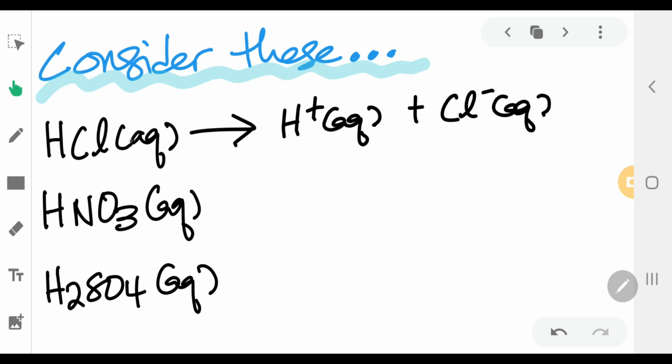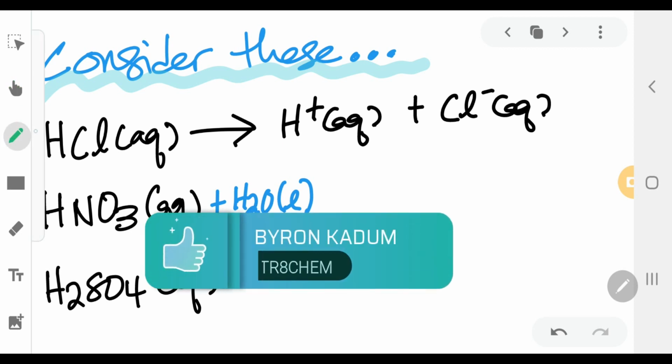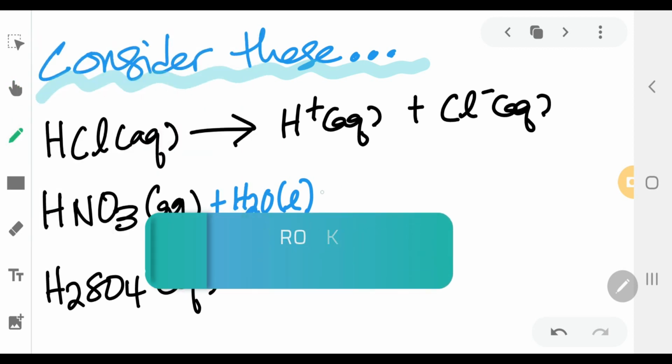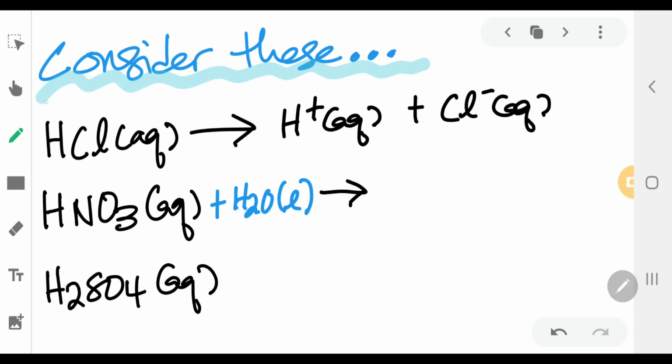Now let's have a look at the second one. We have talked about writing the equation for acids and bases. For acids, you can write it in this form, or if you want, you can also include liquid water here. If I like, I can also write plus H2O liquid. If we have liquid water written in your equation, it is still going to be completely dissociated because it is a strong acid.